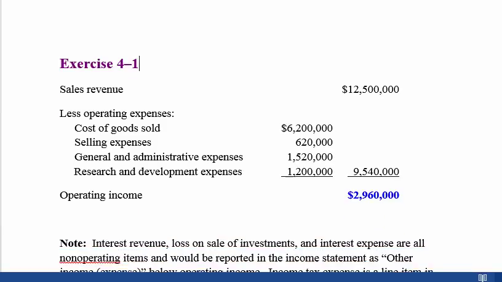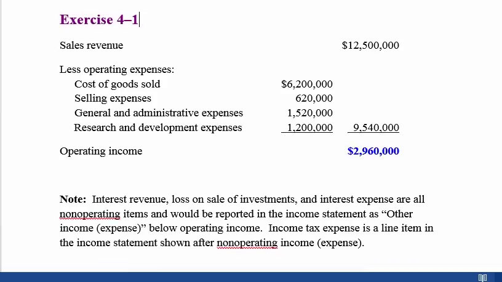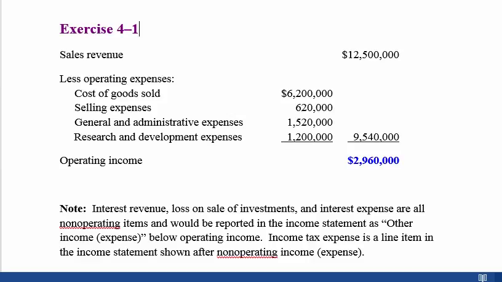They go on to tell us here, please note, interest revenue, loss on the sale of investments, and interest expense are all non-operating items and would be reported on the income statement as other income or other expense.